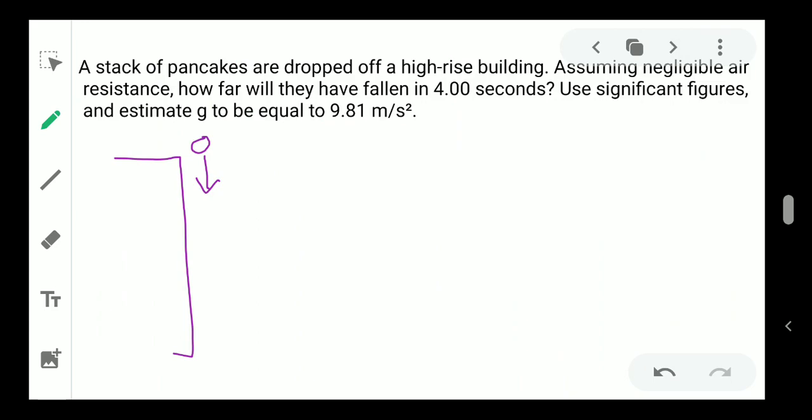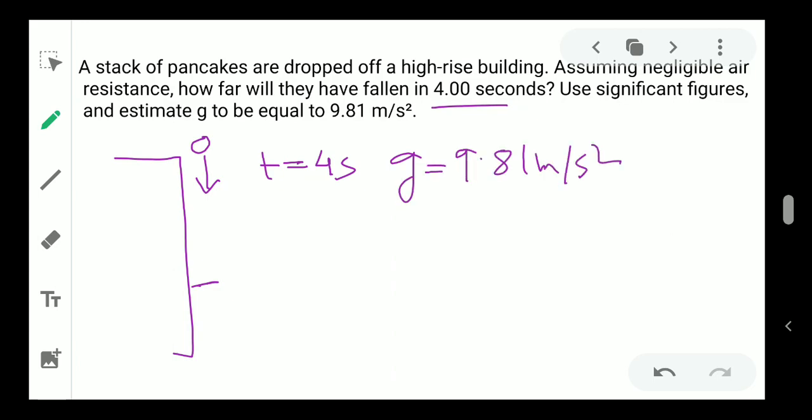So you can see that the time is given, that is 4 seconds. So I have to find out where it would be after 4 seconds. My g is given, that is 9.81 meter per second square, and assuming negligible air resistance, this g will be the total effective g only, and we just have to find out h.